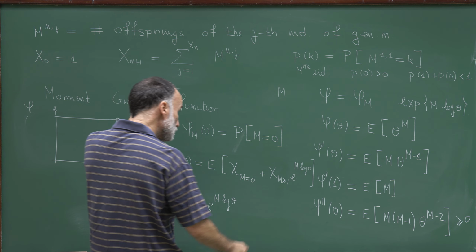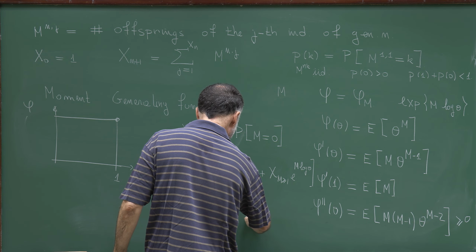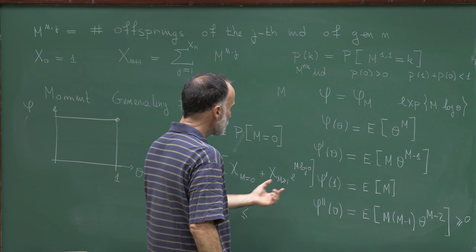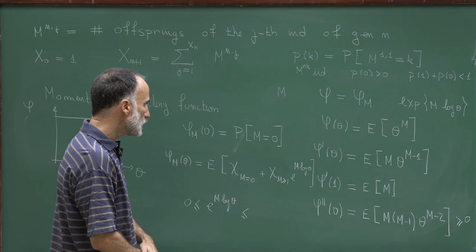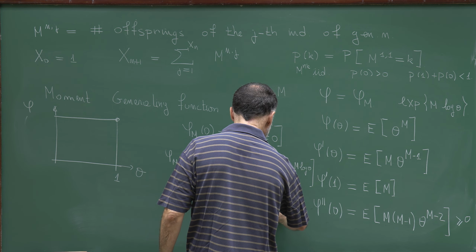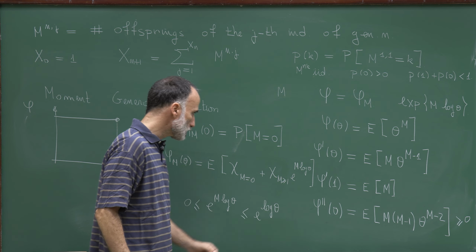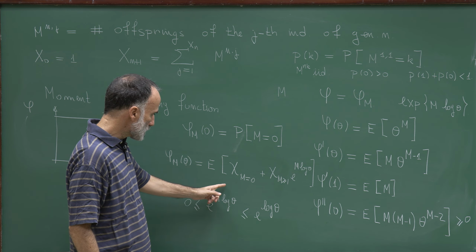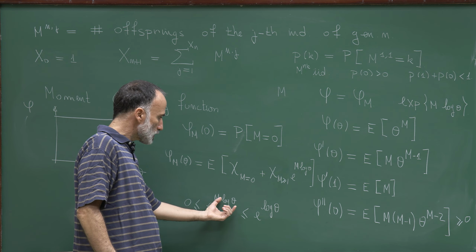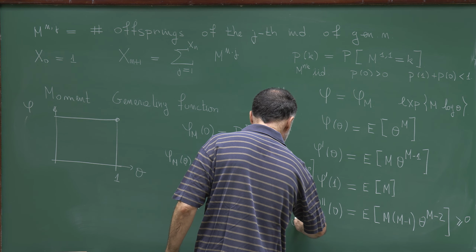On the other hand, m is larger than 1, and log of theta is negative, so I reverse the inequality, and this is bounded by the exponential of log of theta, which is exactly equal to theta.